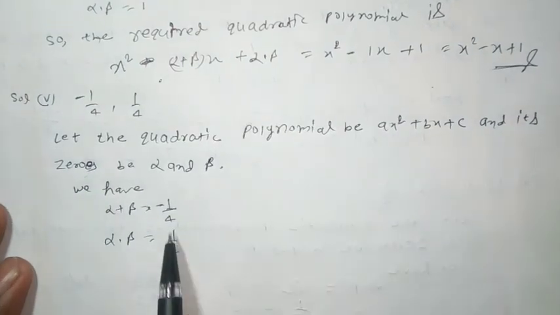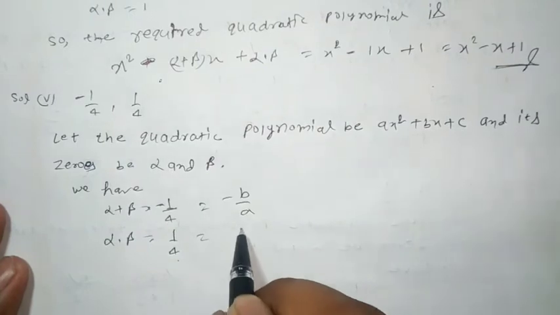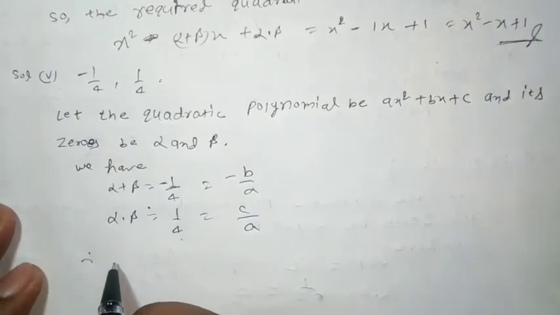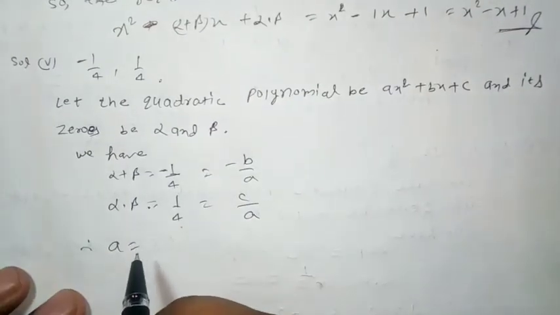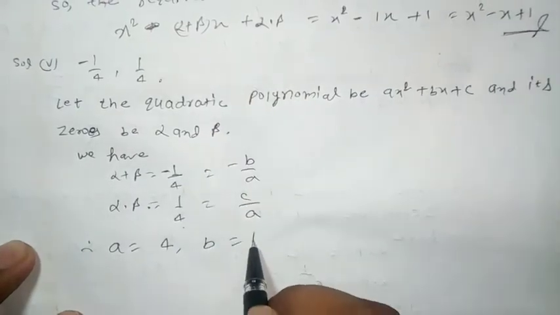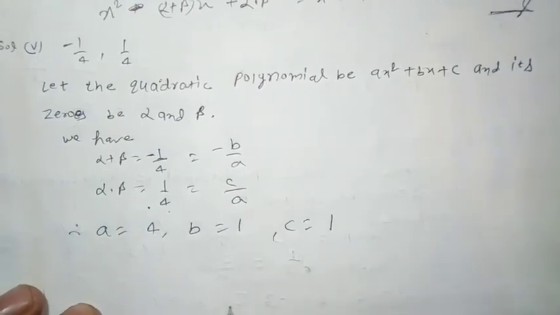Here the denominator is the same. Okay, so minus b by a, c by a. Therefore a is equal to 4, b is equal to 1, c is also equal to 1.